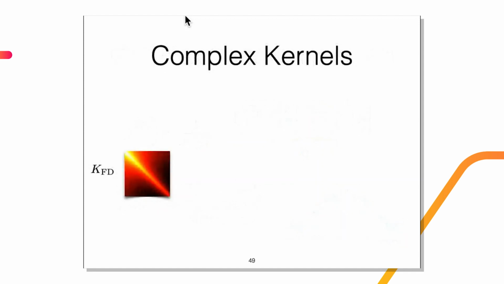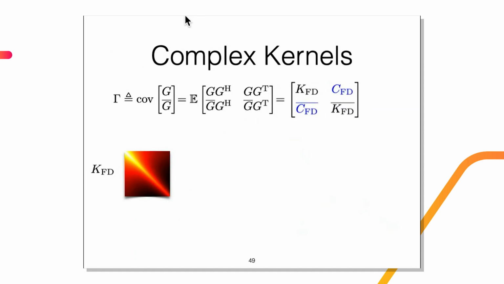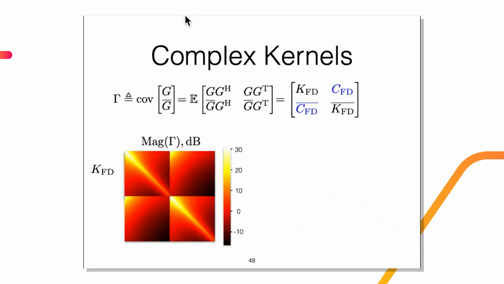So to summarize about the complex Gaussian processes, we look at the covariance between real and imaginary part, or alternatively to the complex transfer function and its complex conjugate. We define a covariance matrix which takes into account the covariance between G and its complex conjugates, which introduces the relation matrix.